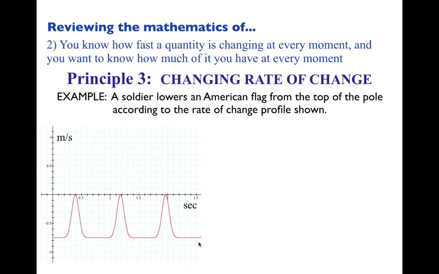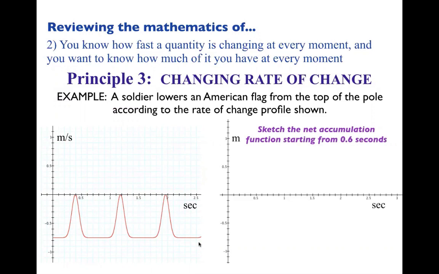So really, in life, there are many things that are modeled pretty accurately by a constant rate of change, but many quantities change with a changing rate of change. Okay, so if we wanted to sketch that net accumulation function, starting from 0.6 seconds, instead of going down at a constant rate, now we have these pauses, and so what will that look like?